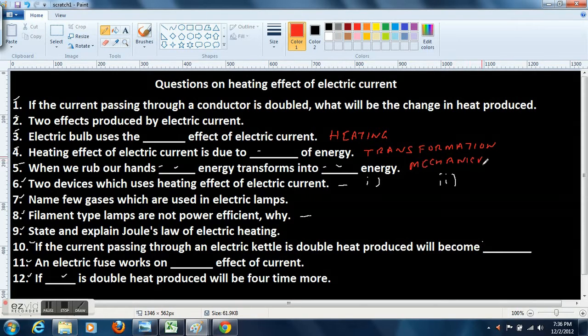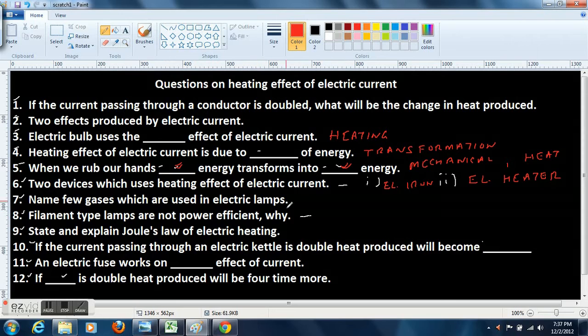So first blank it will be mechanical, second blank will be heat. Question number 6. Two devices which use heating effect of electric current. One is electric iron, second is, you can write, electric heater, like water heater or room heater, something like that.